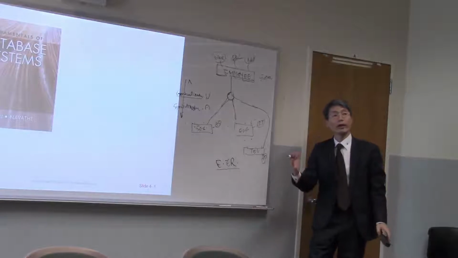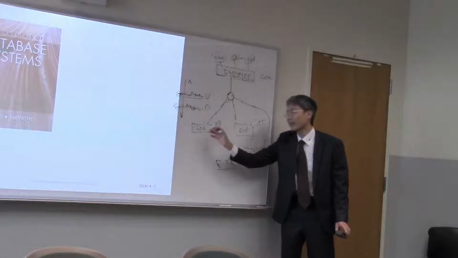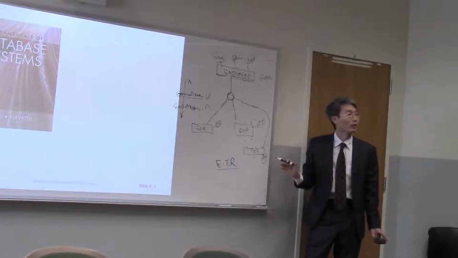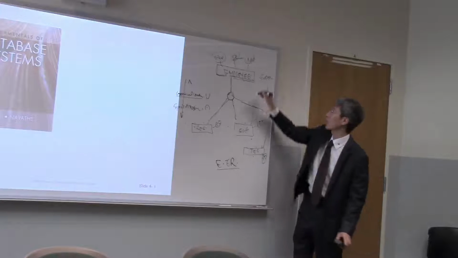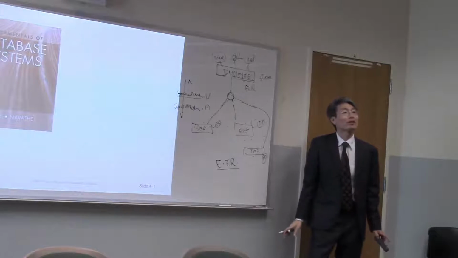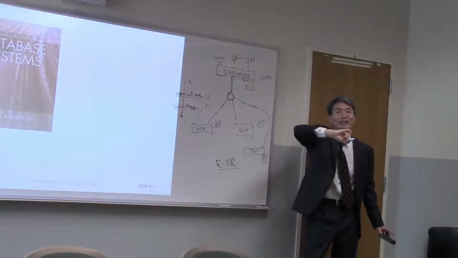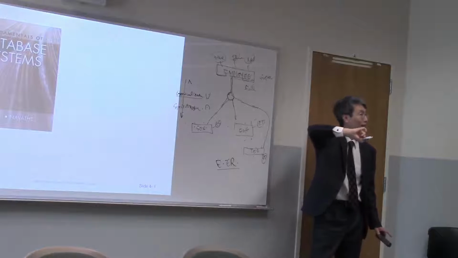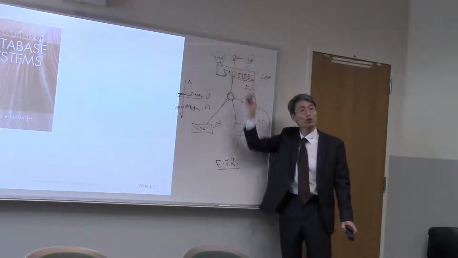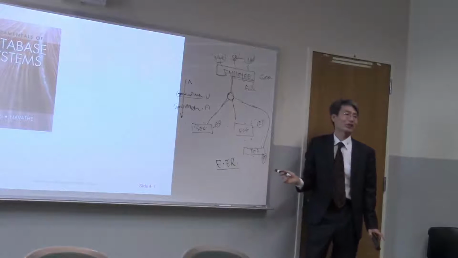On the other hand, all employees should be either secretary, engineer, or technician. At that time, that is called full participation, mandatory participation. To represent full participation, we always use a double line. So when you see the double line, that means all employees should be either secretary, engineer, or technician.